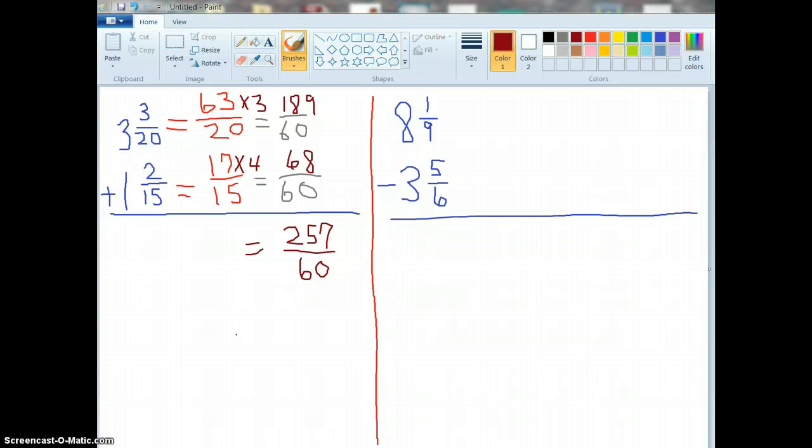The last step is to convert our final answer back into a mixed number. So we need to divide 60 into 257. And that will go 4 times.